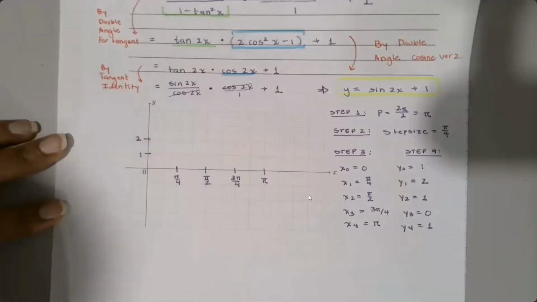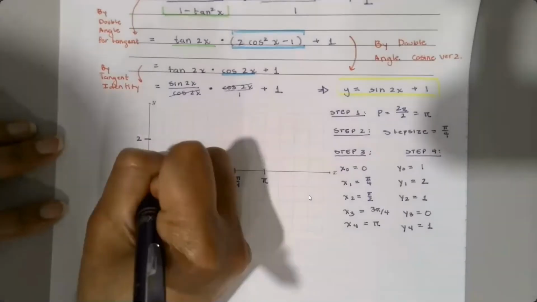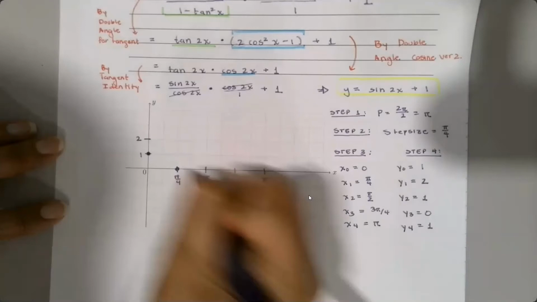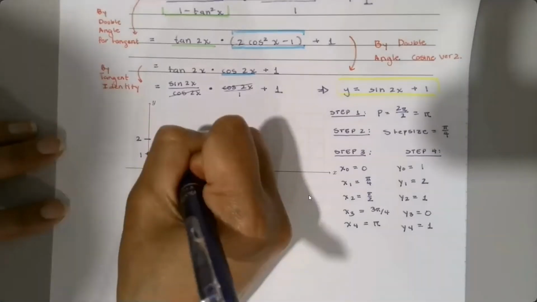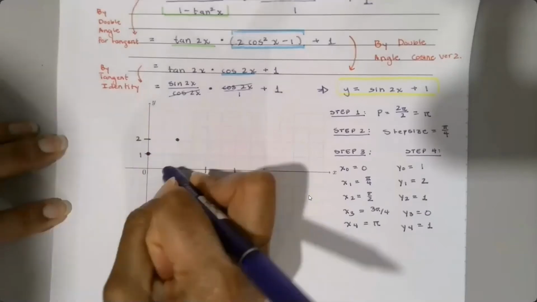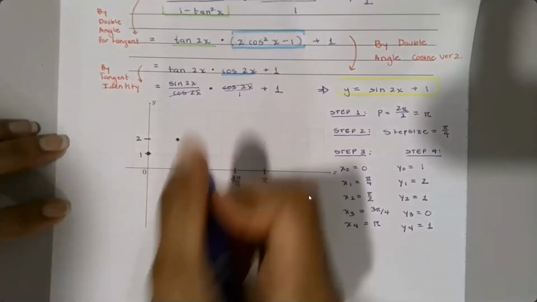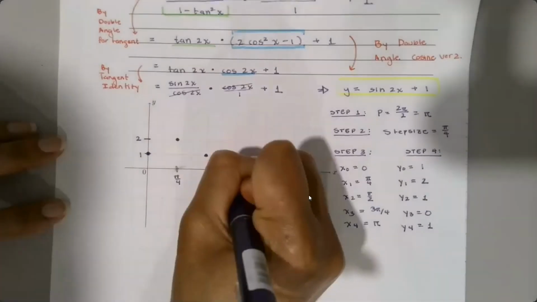And we start at 0, comma 1. Then at pi over 4, comma 2. Oh, sorry, what did I write? Pi over 4 comma 2 is up here, not down here. Okay. Then pi over 2 comma 1, 3 pi over 4 comma 0, and pi comma 1.